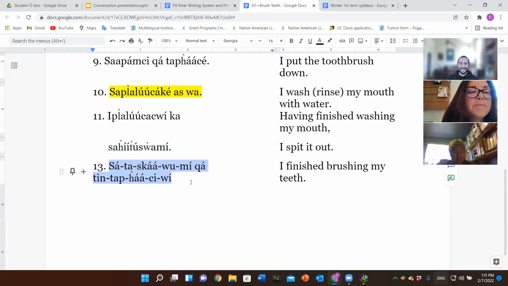Okay. Yeah, so it just takes 3 words to say 5 words in English. Got it. Skaumi ga dindap hajui.